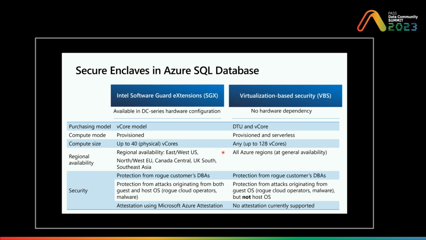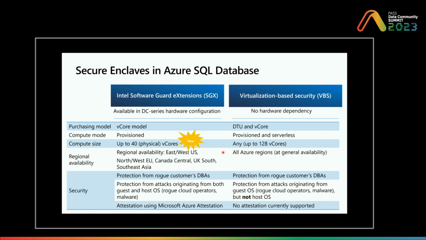And if you configure that, under the covers we're going to create a virtual machine that is using that SGX enclave. What is new in SGX enclave is the 40 physical vCores. Previously, you could only have a maximum of 8 vCores. We announced this week that you can now configure up to 40 vCores, which allows customers with high load that requires a lot of CPU and memory to now also use the DC series.